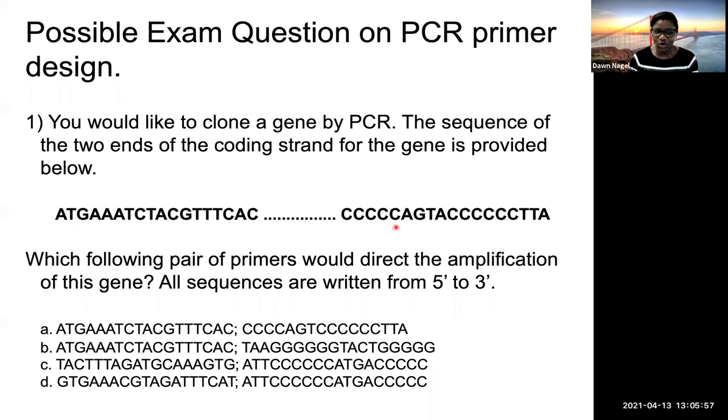So this is always the coding strand. So don't think too much about whether it's the coding or the template strand for this type of experiment. Coding just means it's a strand that codes for your gene, and that's usually the top strand, and that's usually the 5' to 3' strand, because that's how the DNA is written, right? ATG to your stop codon. So don't worry too much about that.